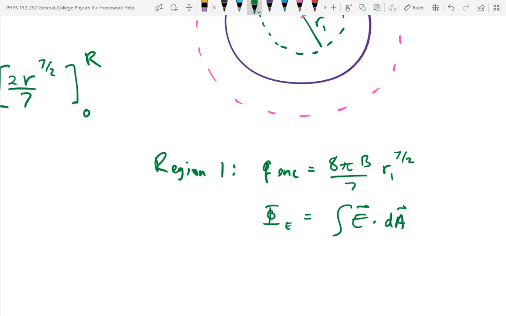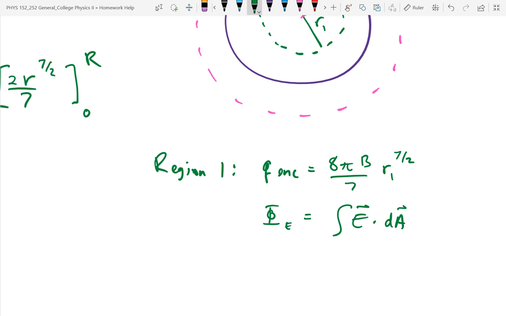But I chose my Gaussian surface, so what was the vector relationship between E and dA? They're parallel. The electric field lines have to be radial, and dA is the direction coming out of the surface. For a spherical Gaussian surface, dA is also the radial direction, the direction coming out.